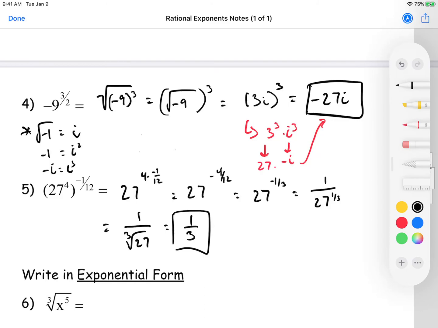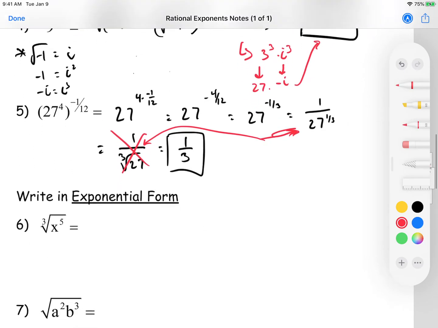Now, when you start to recognize that these two are equivalent, eventually you won't need this step. I can just say 27 to the 1/3 is the same thing as the third root of 27, so it's just 3. Okay? All right.